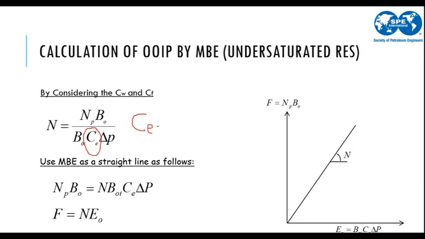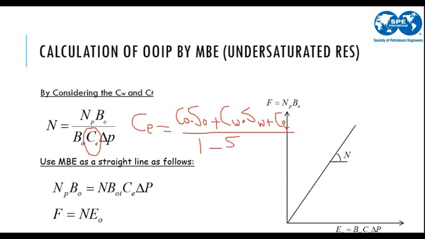Ce equals Co, the oil compressibility, multiplied by So, the oil saturation, plus Cw, the water compressibility, multiplied by Sw, the water saturation, plus Cf, the formation compressibility, divided by 1 minus Sw, or the water saturation.